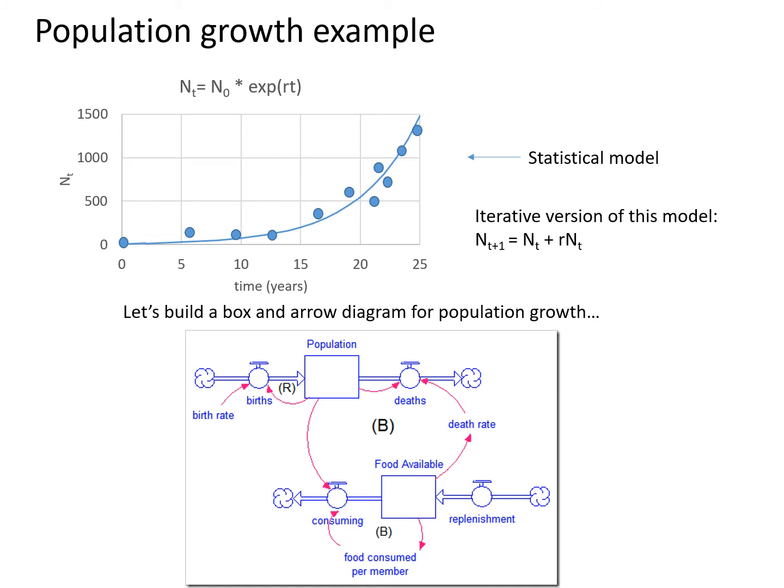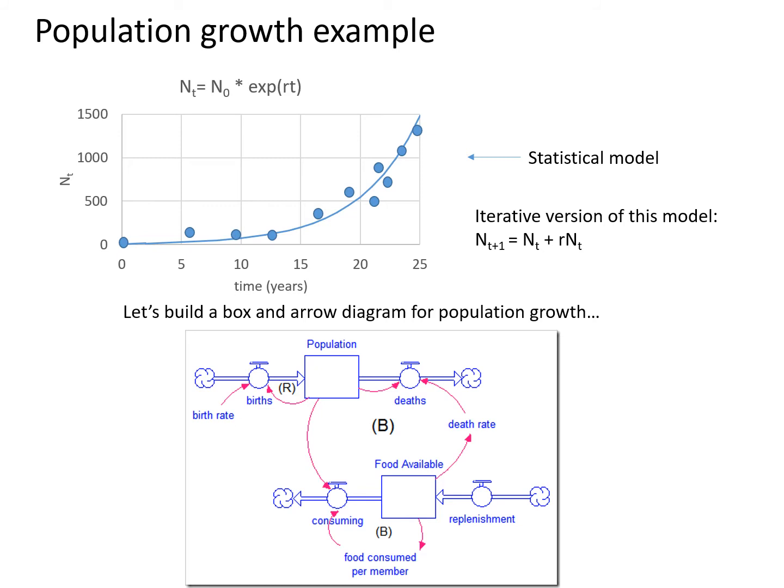There's no dependency on anything else so far. And then there's going to be, based on the food available, a consumption flux to the left, okay, out to some sink that, again, we just no longer deal with it.